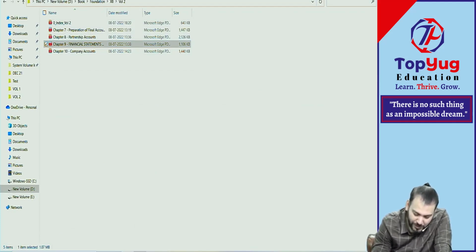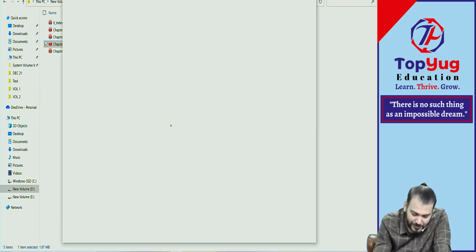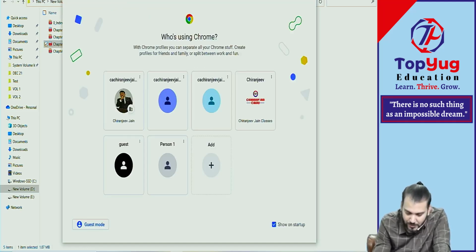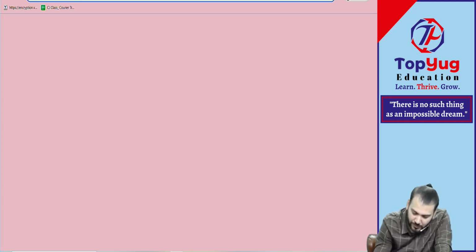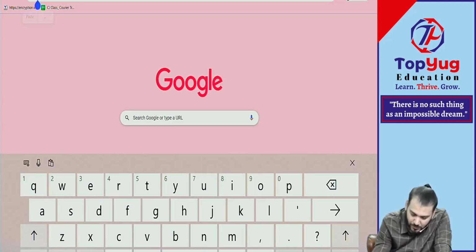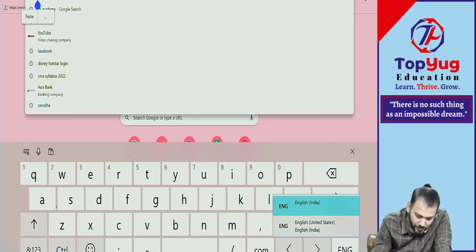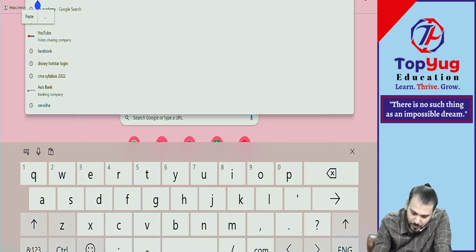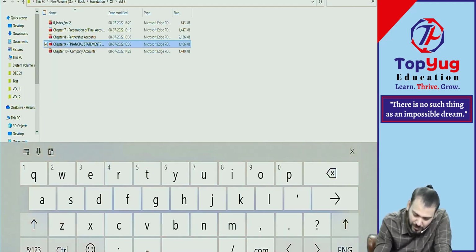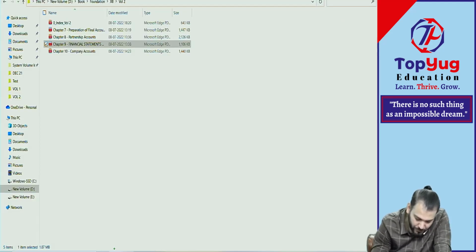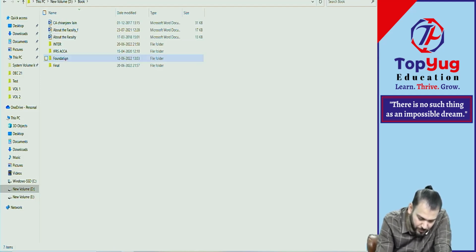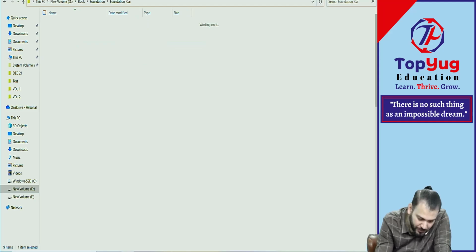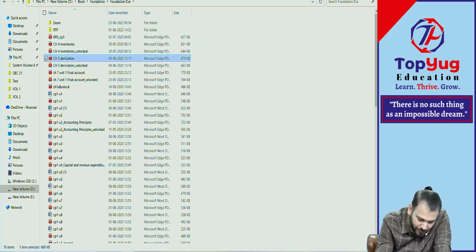So we'll go to the ICAI website. This is the ICAI website. I have already downloaded it, I think. This is the book, foundation, chapter number 5.